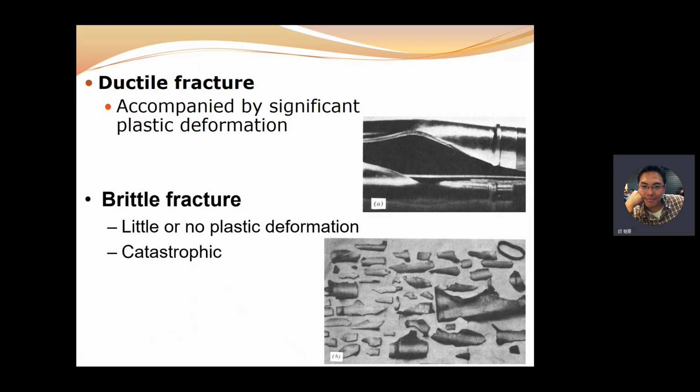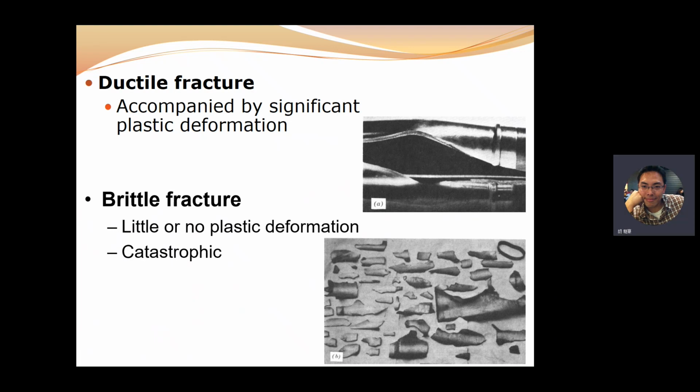So to be a mechanical or materials science engineer, we need the ability to tell what kind of fracture it is, for example from the fracture surface or from its failure situation.